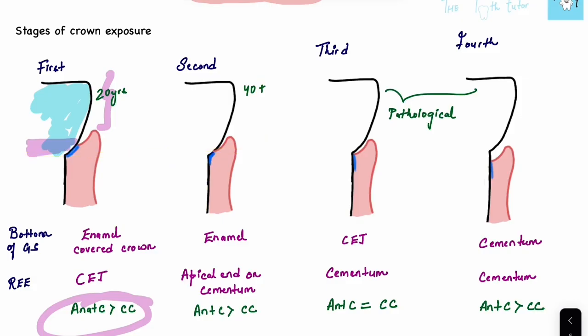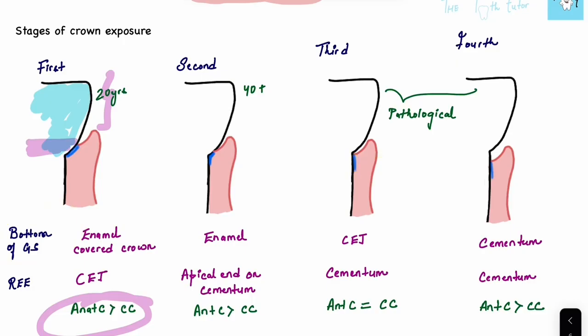Now in the third stage, the gingival sulcus has shifted to the cemento-enamel junction. So this is the cemento-enamel junction and the bottom of the gingival sulcus is over here, and the reduced enamel epithelium is now completely on the cementum.